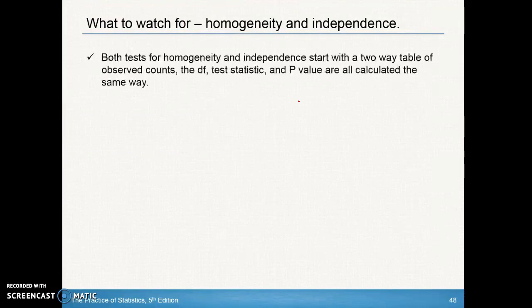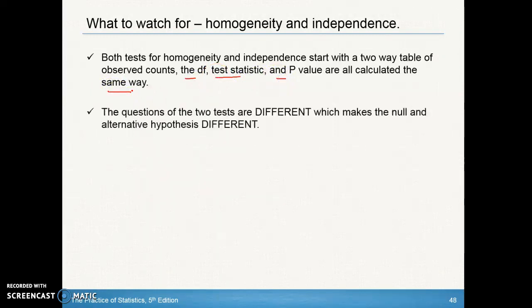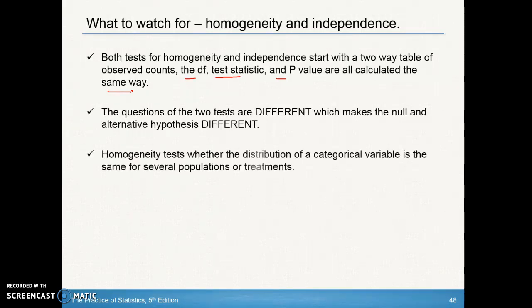Okay, so what to watch for in deciding whether it's homogeneity or independence. Both tests for homogeneity and independence have to start with a two-way table of observed counts, the degrees of freedom. You need to include your test statistic and your p-value. All of those are calculated the exact same way. What's different? The questions of the two tests are different, which make the null and alternative different.